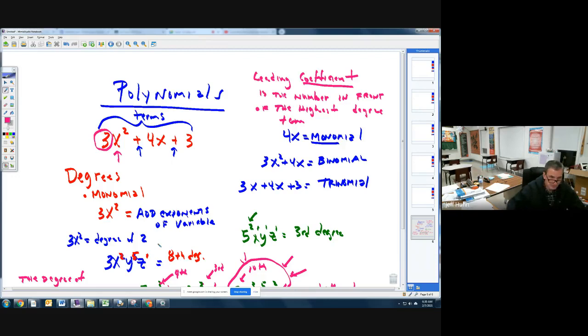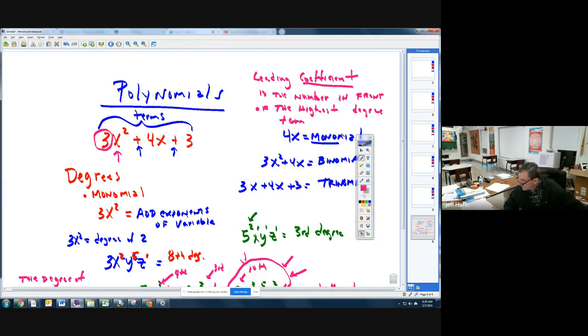Which also leads us to the last thing that they talk about in this section, and that is writing polynomials in standard form.